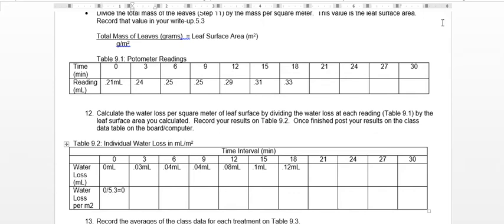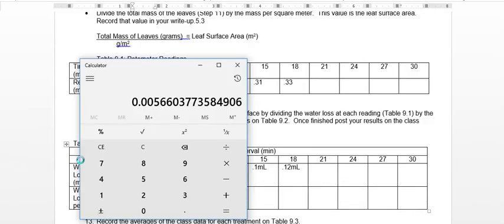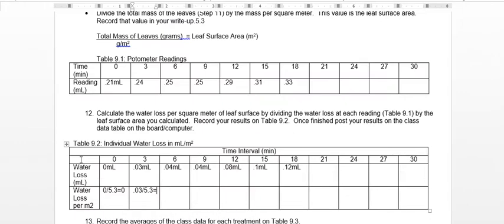Well, take out my calculator. So it was 0.03 divided by 5.3, equals 0.0057. Now, if we're looking for unit, this is milliliters lost per meter square.